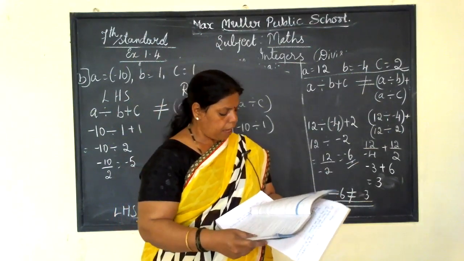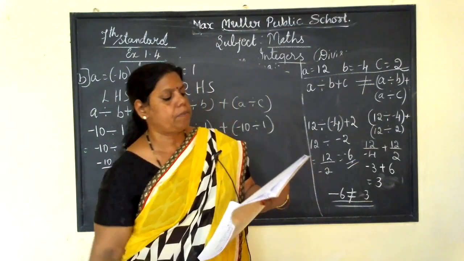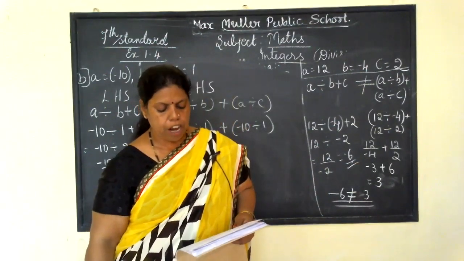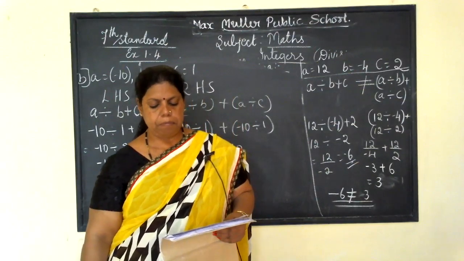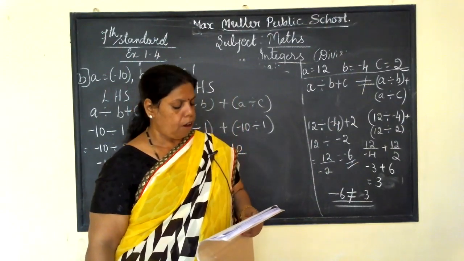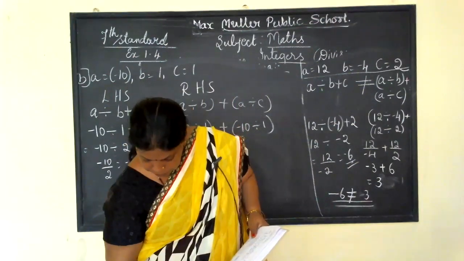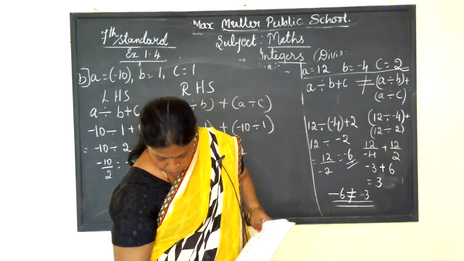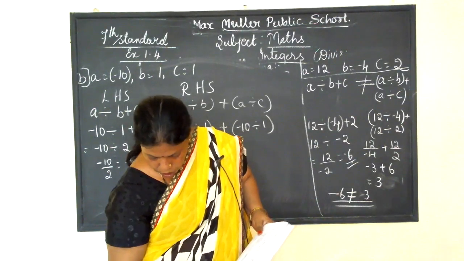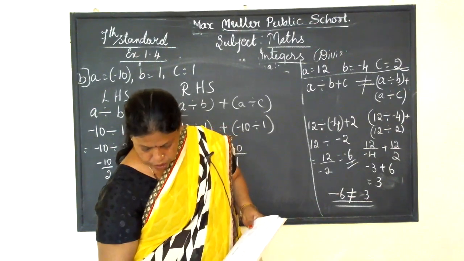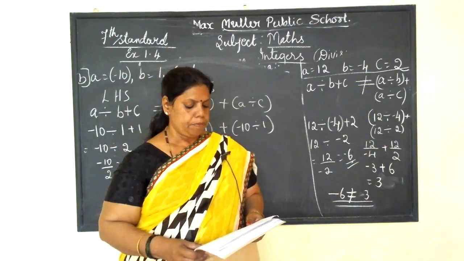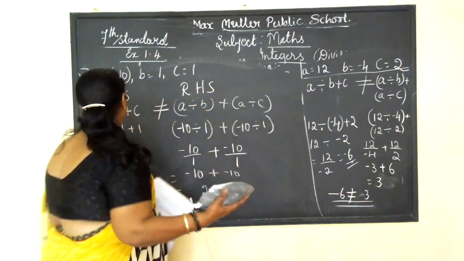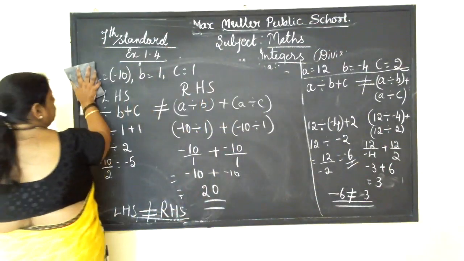7th sum. An elevator descends into a mine shaft at the rate of 6 meters per minute. If the descent starts from 10 meters above the ground level, how long will it take to reach 350 meters? I'll show you. I'll rub this.